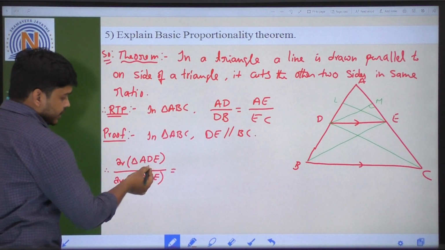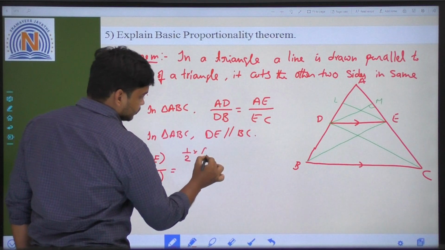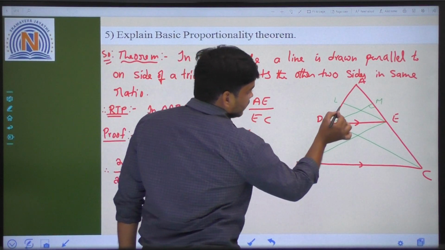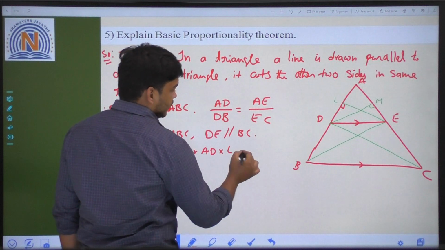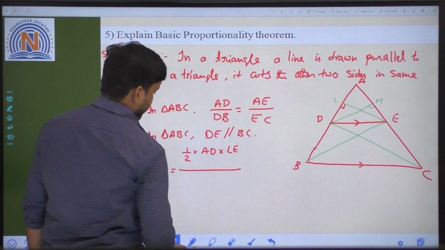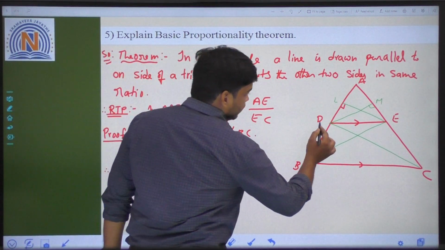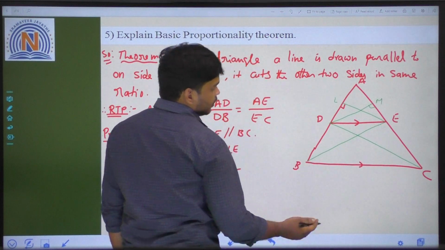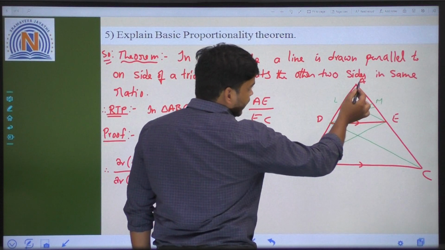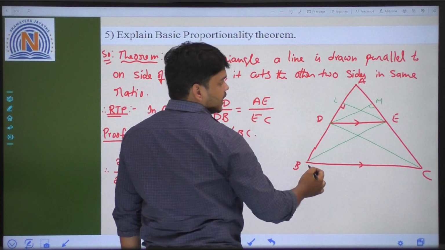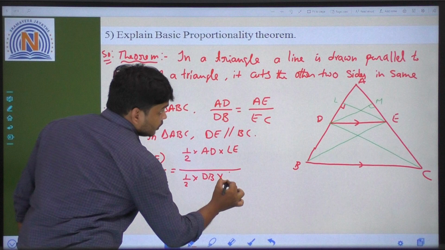So area of triangle ADE by area of triangle DBE is equal to half base AD into height LE, or LM, by half into DB into LE, since triangles ADE and DBE have the same height.